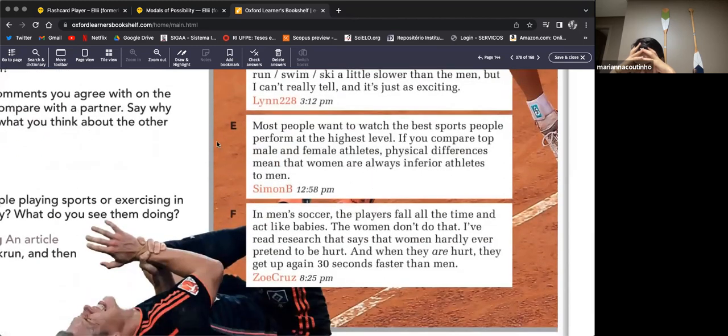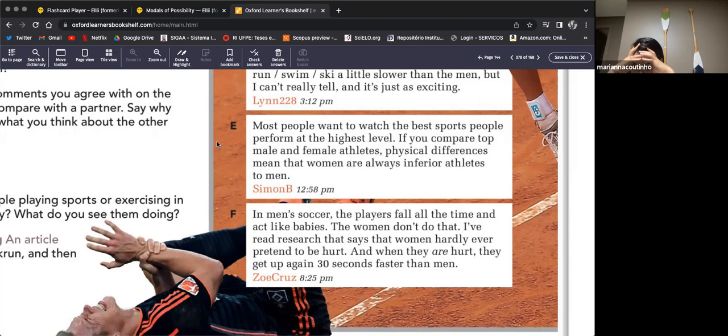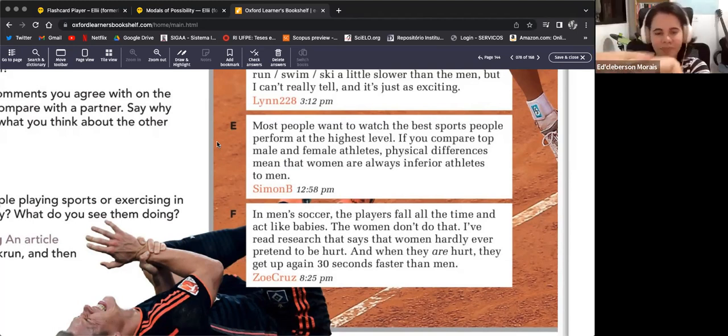Letter E. Most people want to watch the best sport people perform at the highest level. If you compare top male and female athletes, physical difference means that women are always inferior athletes to men. In letter F, I was about to read.